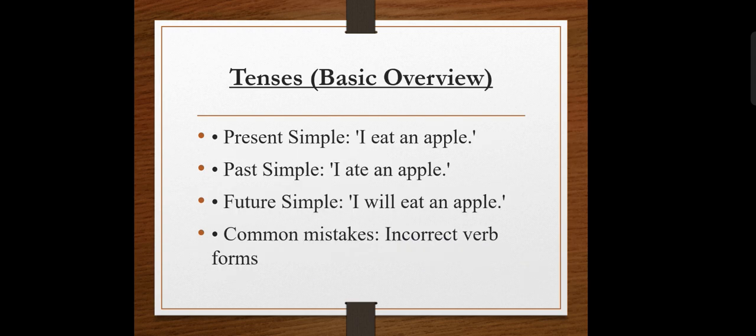Now we have a basic overview of the tenses. The tenses are the rules that help us to say what we want in the proper sense. There are 12 tenses in English. Actually there are 3 tenses: past, present and future.